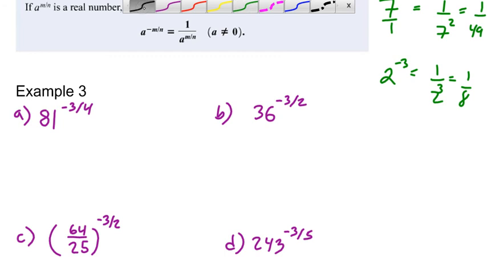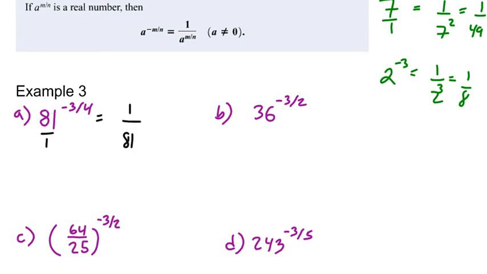All right. First one right here, let's first rewrite this. If this is a 1 right here, I have to do the reciprocal. So 1 over 81 to the power of 3 over 4. Now we just have to simplify 81 to the power of 3 over 4.